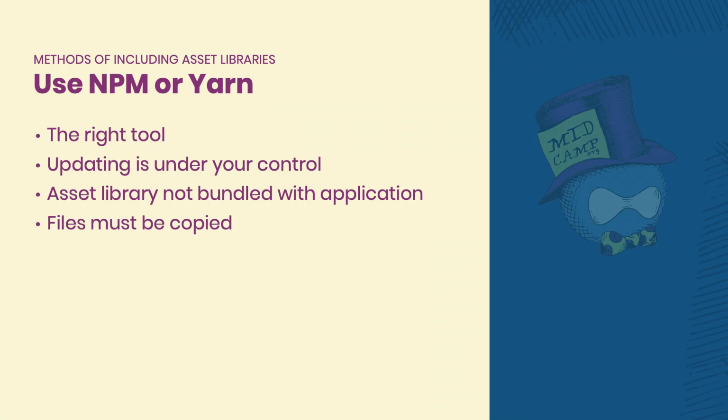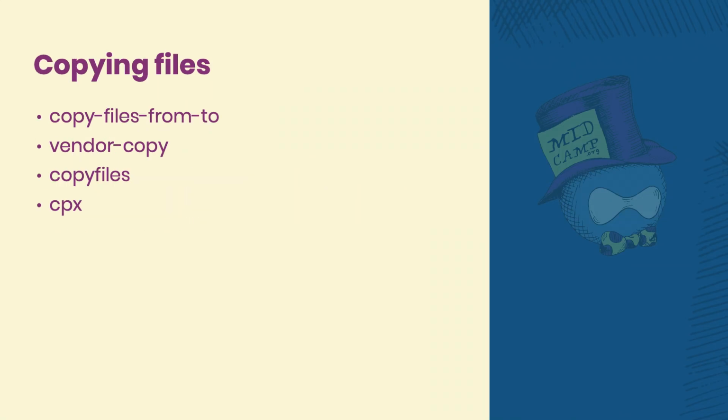And so when I looked at that challenge, how can I get only the files that need to be under the web root copied from node modules into my libraries directory, I was looking at the way Drupal works with scaffolding, where it just moves files from one place to another. So there are some options for that. Here are four that I'm aware of.